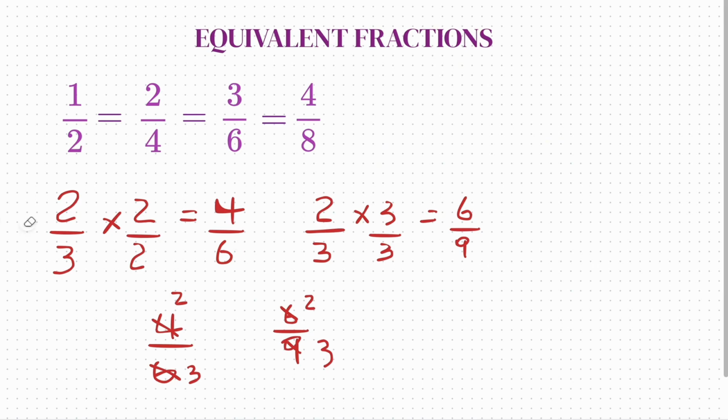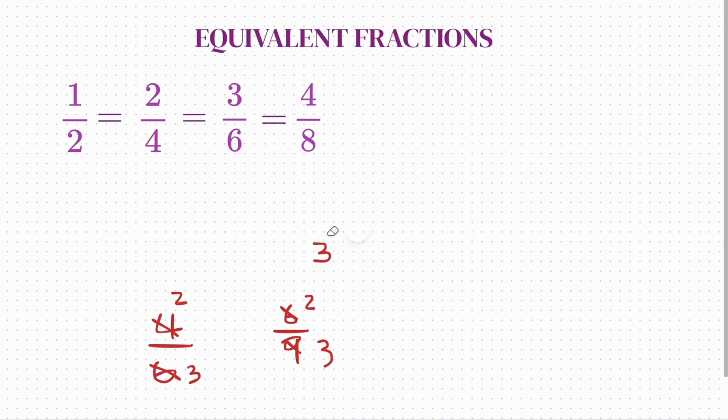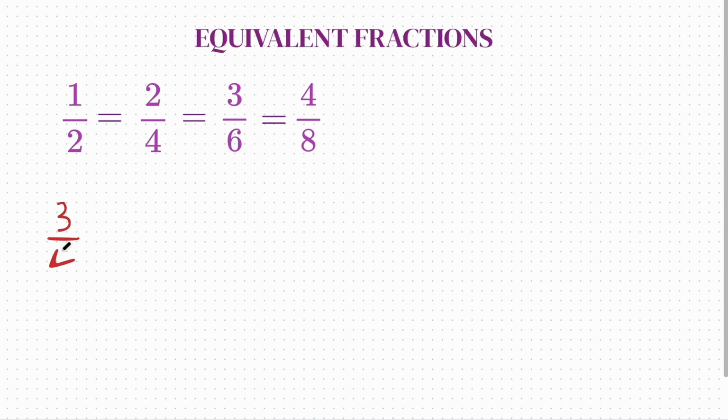Let's look at another example before we move on to our division method. Say we were given 3 over 4 and we were asked to find three equivalent fractions. So remember, we should multiply our numerator and denominator by the same number.